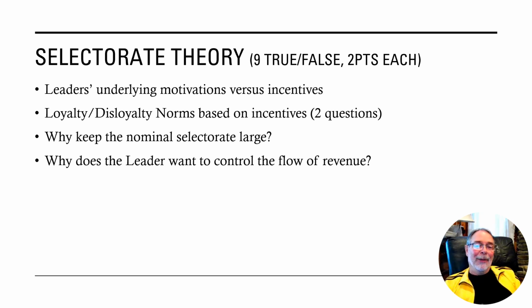Okay, so honestly, in the question, there won't be a distinction between the two types. It's just that leaders want to control it. All leaders would like to control the flow of revenue. It is not for what is often the stated purpose, right?